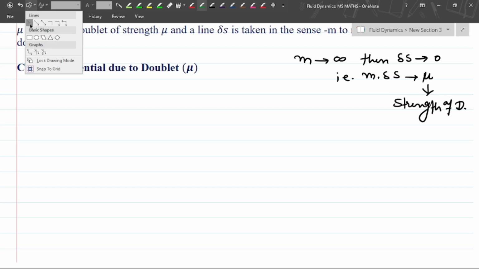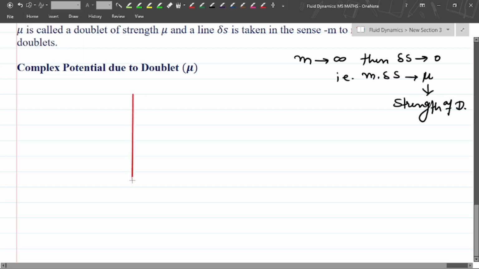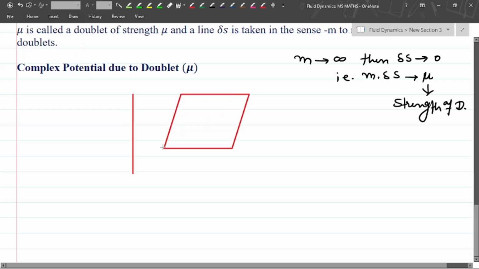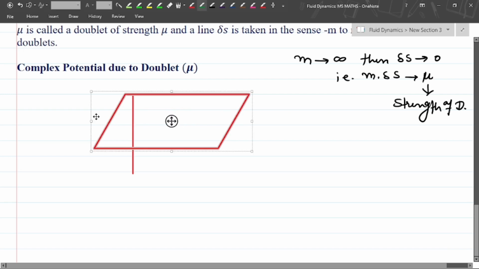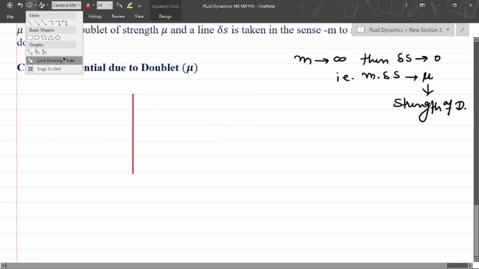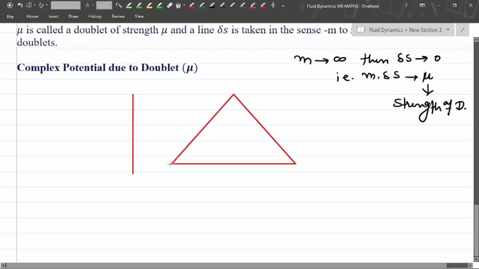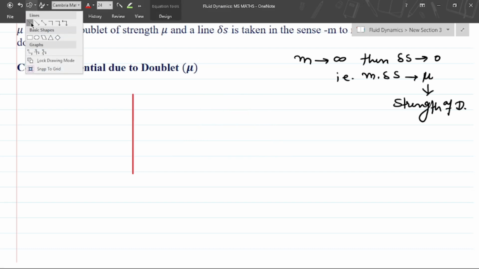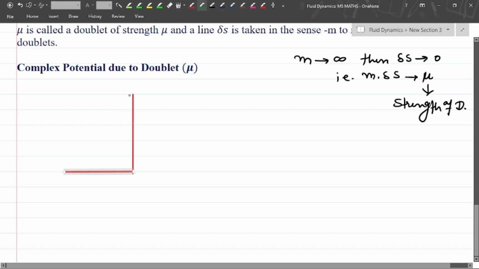Say I have a triangle A, B, and P is here.